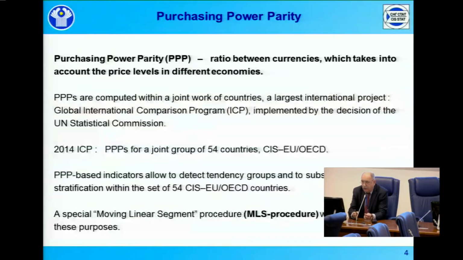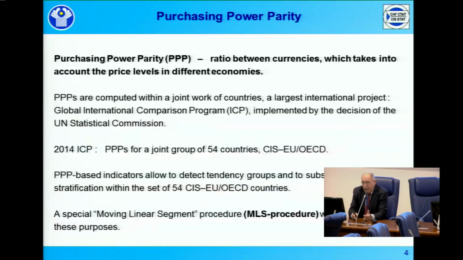There are 5 geographical regions. This is Latin America, that is Africa, that is Western Asia, this is Asia except Western Asia, this is CIS countries, and these are the 5 regionally organized regions of the ICP, and there is an institutionally organized region.